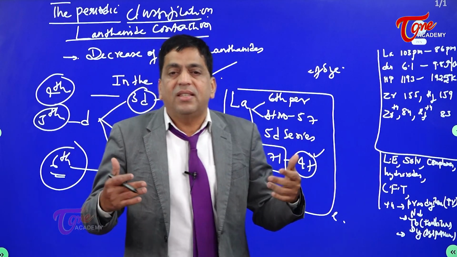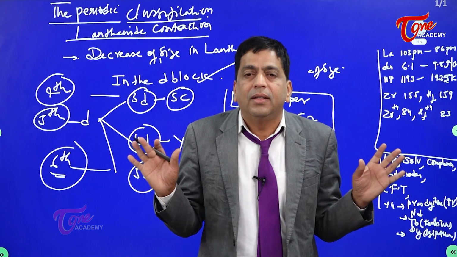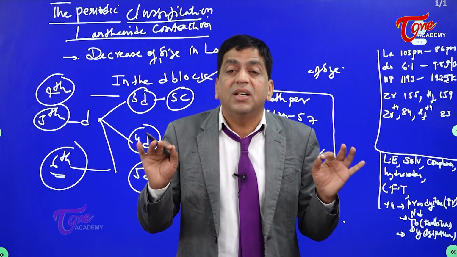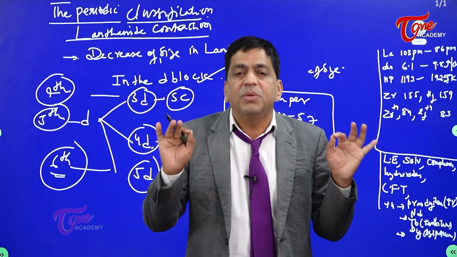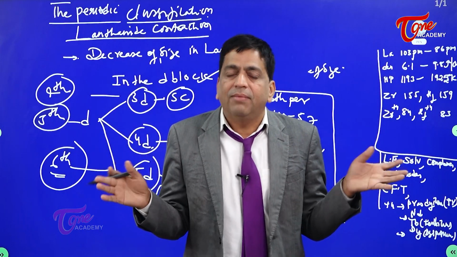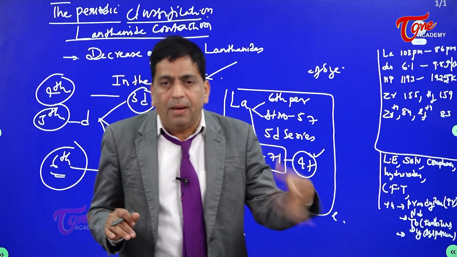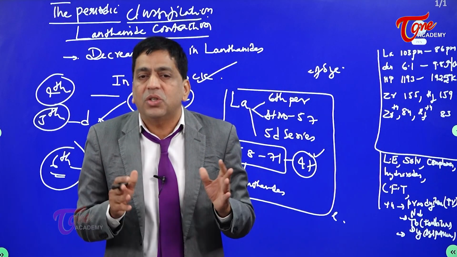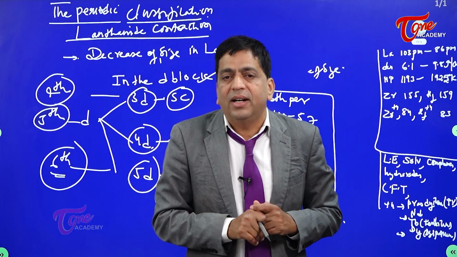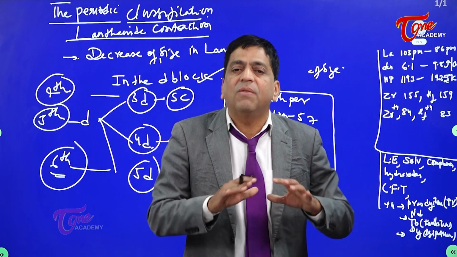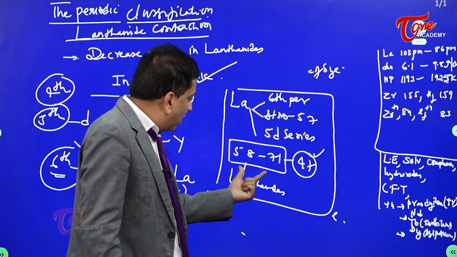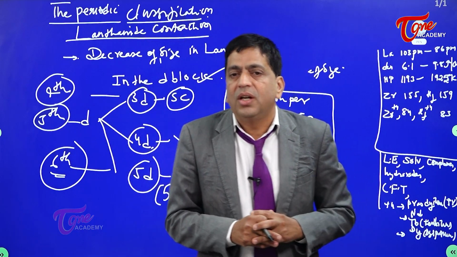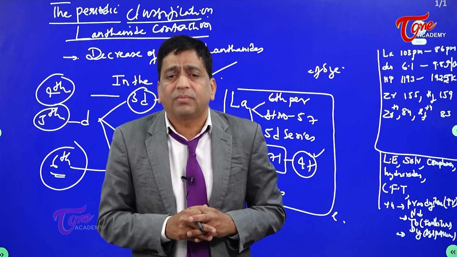After 57, you have 14 elements, that is 58 to 71, where the 4F subshell is being filled. But the lanthanide family might include lanthanum, including these 14. So 15 elements constitute the lanthanides. This confusion must be avoided: lanthanum belongs to the 5D series of the 6th period, whereas these 14 plus lanthanum are considered the lanthanides.